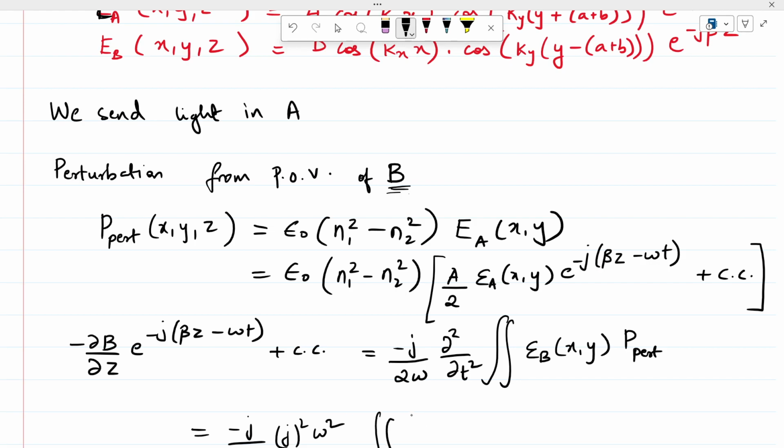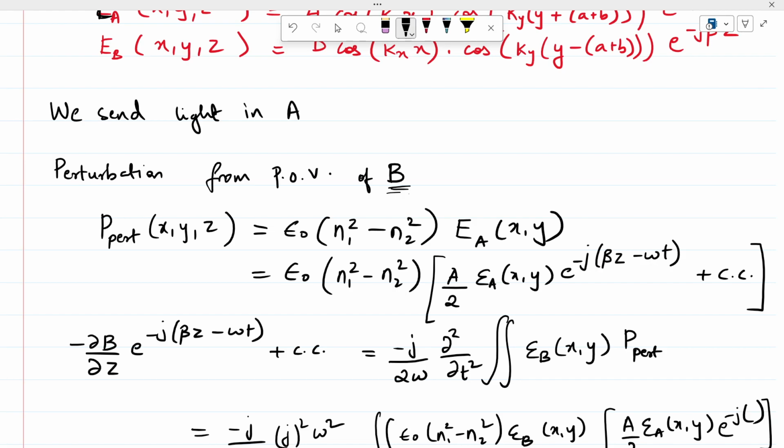So double integral epsilon naught n1 square minus n2 square EB of x comma y into the perturbation term, that is A by 2 EA of x comma y e power minus j, and the integral is dx dy.